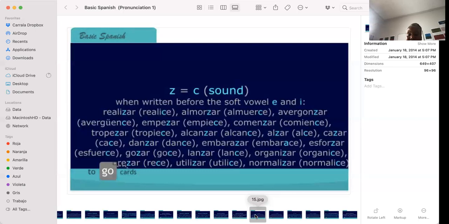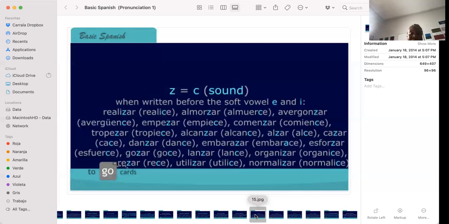So the Z is transformed to the C in the present subjunctive form, and in the command form, usted, ustedes, or negative command form for tú. So let's just look at it. You have realizar, and then it becomes realice.